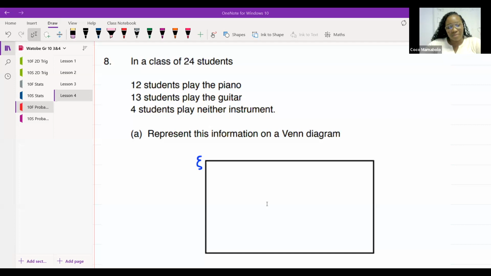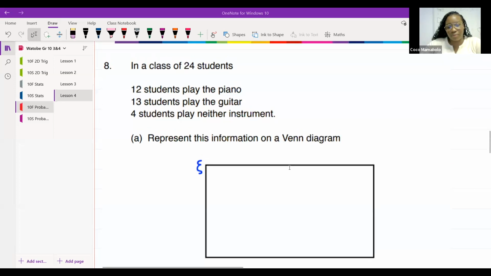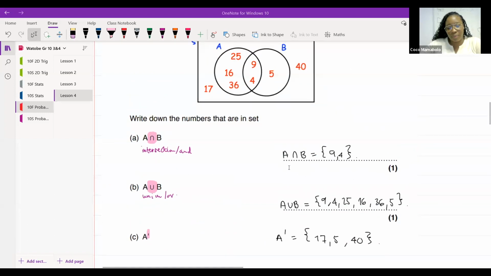Today, let's go back to the Venn diagram. This one here, B. Okay, so B means union, right? So let's say, for instance, we're in a class, and A stands for athletics, and this B stands for basketball.